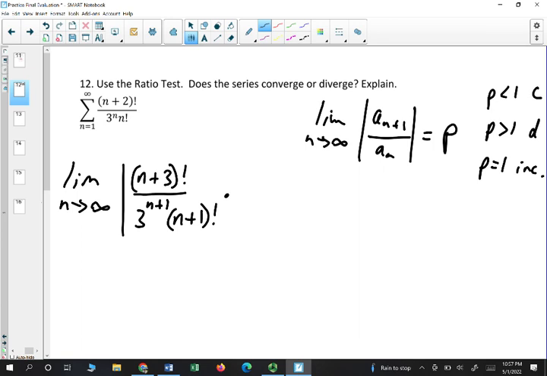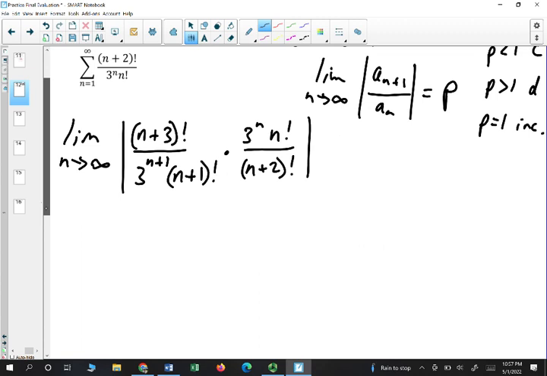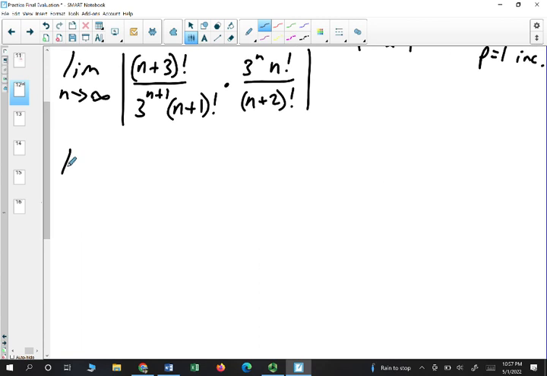We would divide by the a_n, the original, or we could multiply by its reciprocal, so 3 to the n times n factorial over n plus 2 factorial. Okay, let's split apart and simplify a little bit.